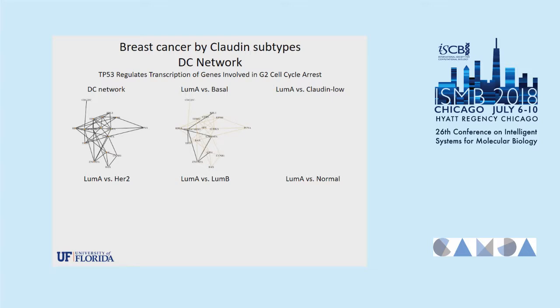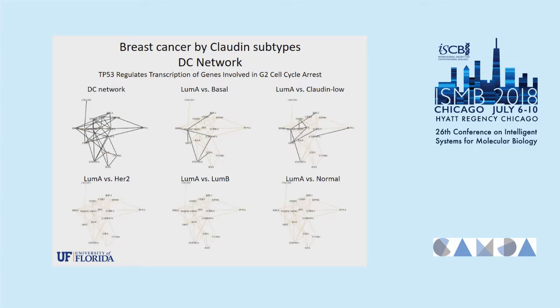Now, when you compare LUM-A versus basal, these would be the connections that are in one network and not the other one. If you compare these networks, these associations are different, and then there are no differences between those groups.